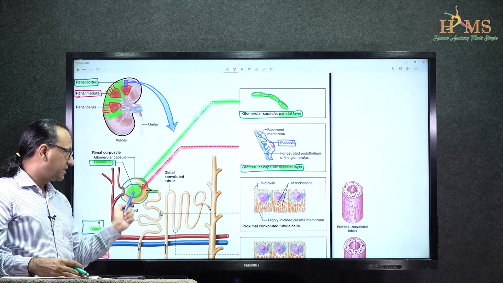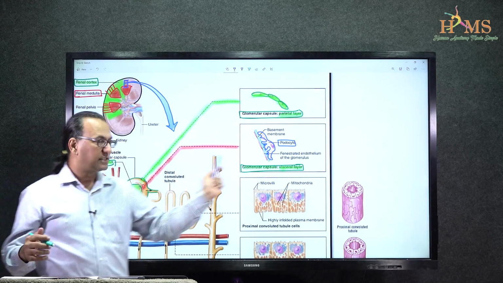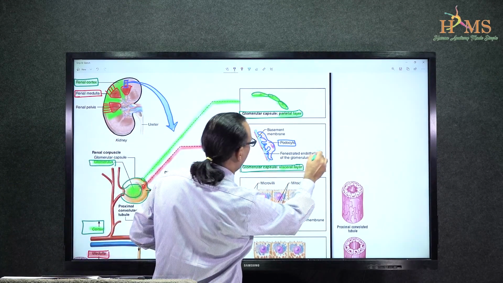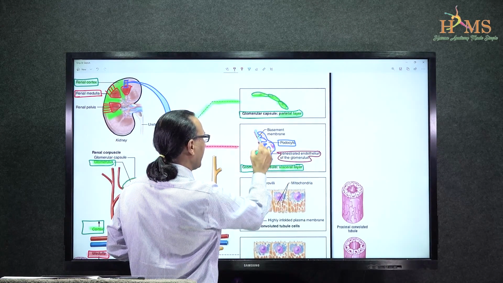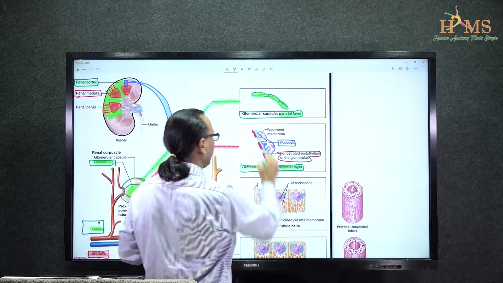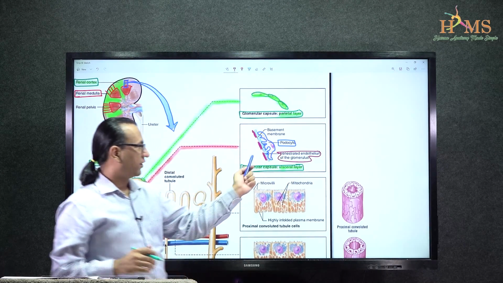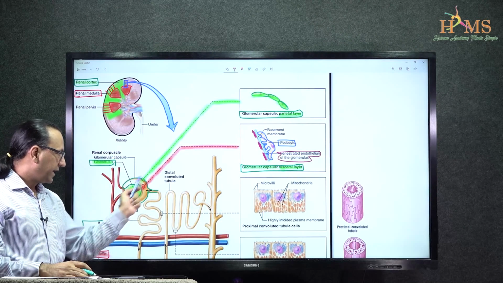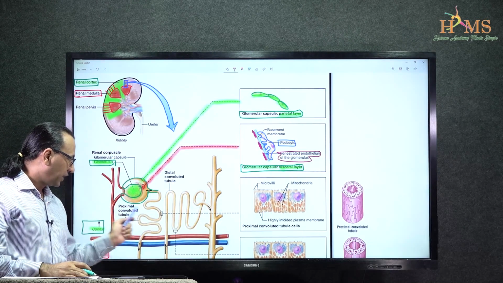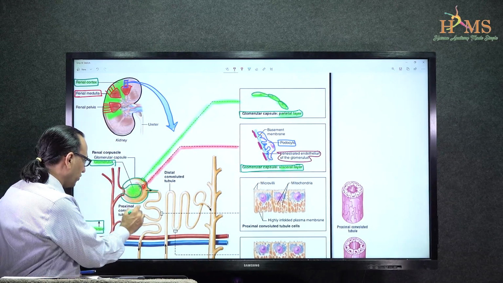Now in the kidneys, the capillary endothelium is fenestrated, and that is how you can actually filter the blood towards the Bowman's capsule. And that ultrafilter of blood, which is collected now by the Bowman's capsule, will be moving into the proximal convoluted tubule, which is shown here.